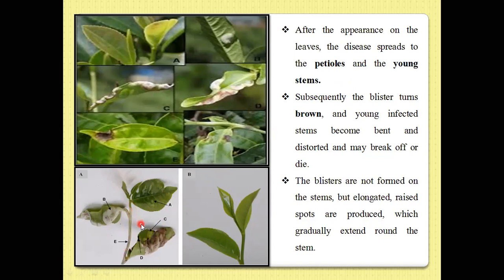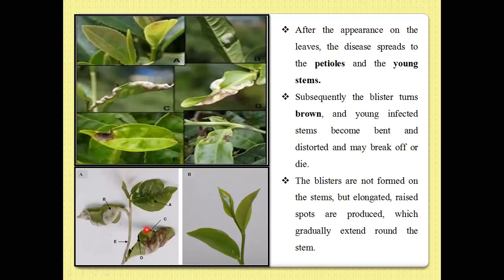This brownish blister-like swelling is also seen on the younger stem portion and the petiole portions, and also on the main twigs or main stem portions.